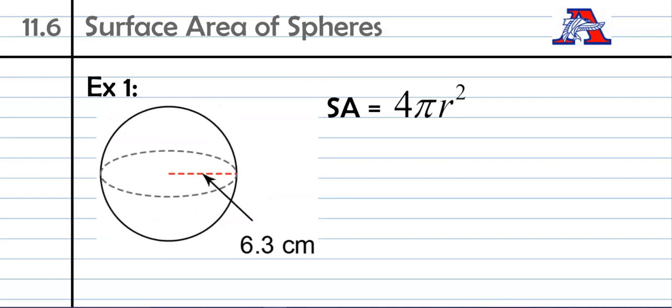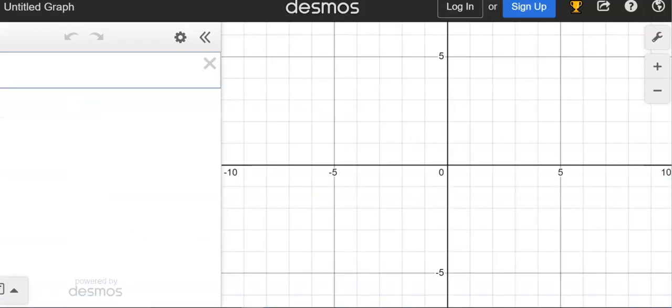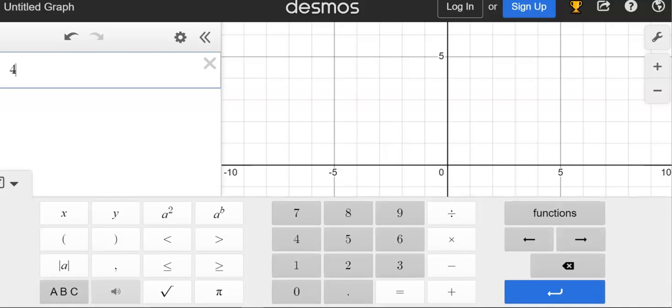So we will dive into an example. We'll do 2 examples. The first one, we're given the radius. The radius is 6.3 centimeters. So when we find our surface area, we will just do 4 pi, substitute in that radius of 6.3, and then square it. So I'm just going to grab Desmos and do 4 pi 6.3 squared.